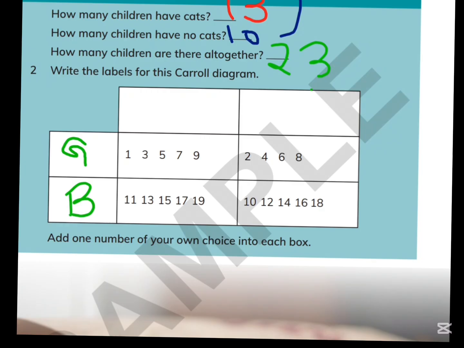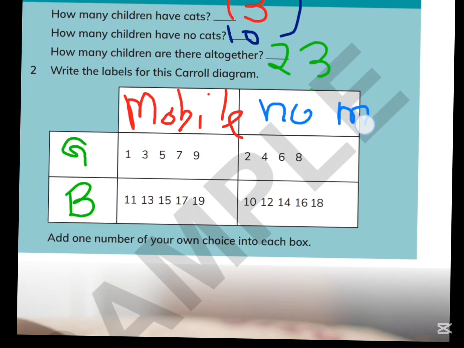These are girls, these are boys. Now I'm changing the color. Mobile, and another color, blue, for no mobile.